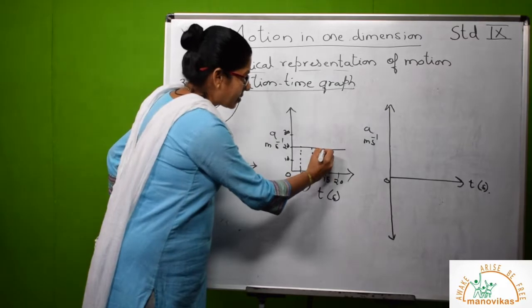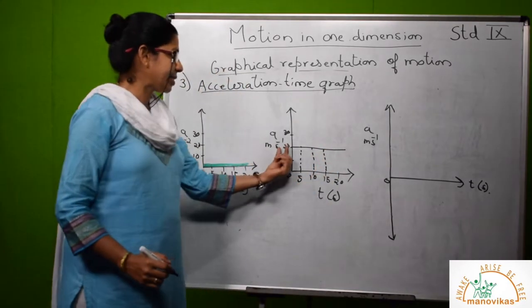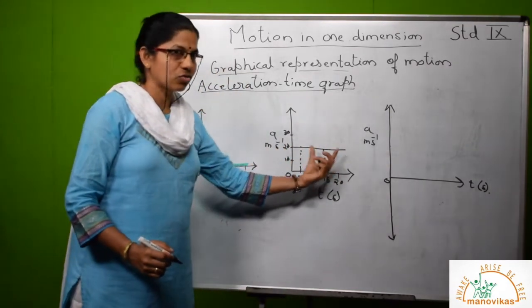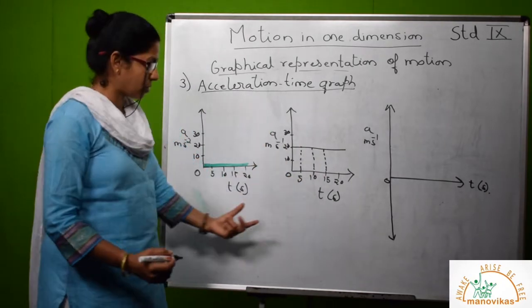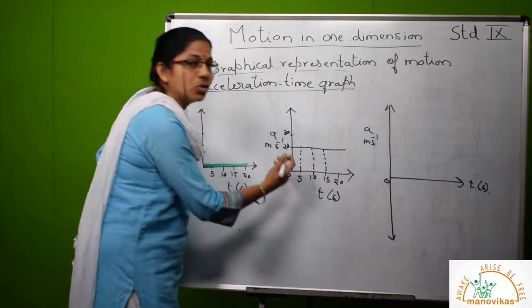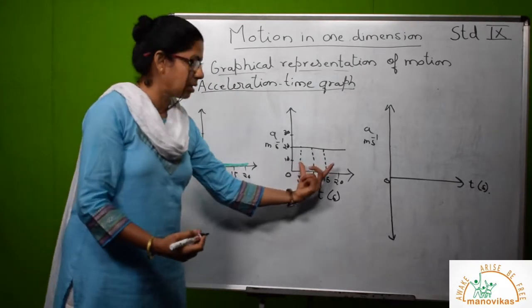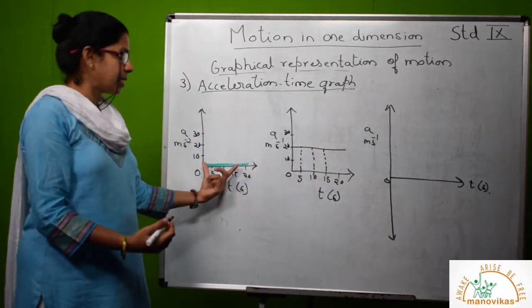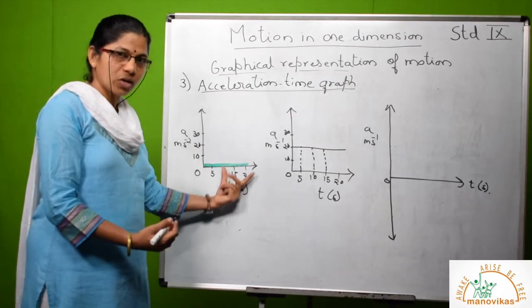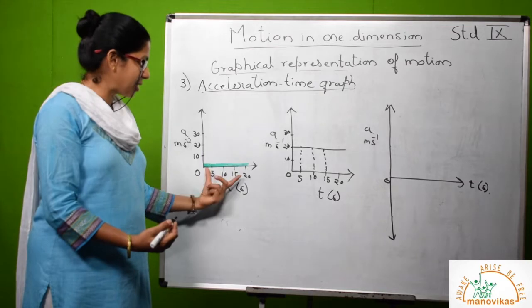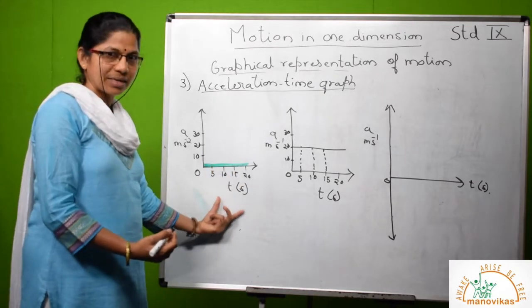After 15 seconds, acceleration is 20 meters per second squared. So this is a case of uniform acceleration. Here you have uniform acceleration present, whereas in the earlier case the object is moving with uniform velocity but acceleration is 0.